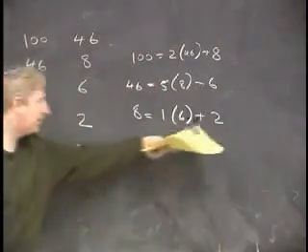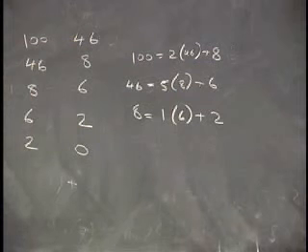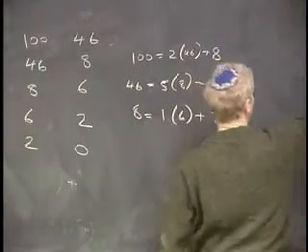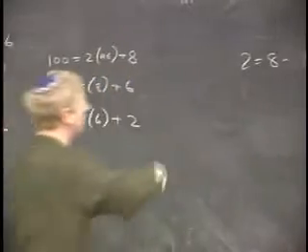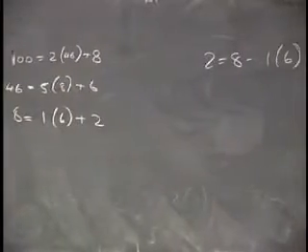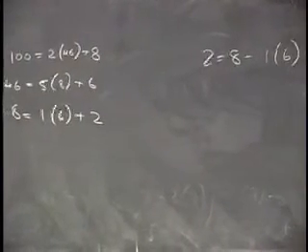Remember, we start with our bottom case. We start with 2 equaling a linear combination of 8s and 6s. So 2 equals, I'll write it here, 8 minus 1 times 6. And we don't want that 6 there. We want to get rid of the 6.